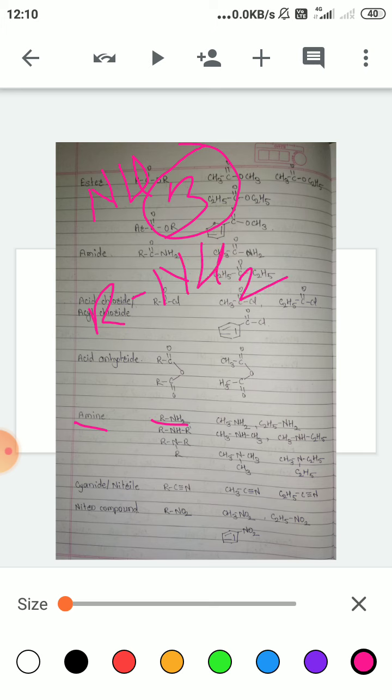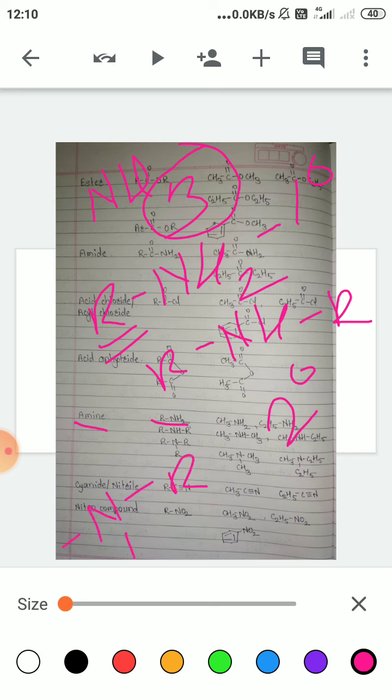If one hydrogen is replaced by one alkyl group, they are called primary amines. If two hydrogens of ammonia are replaced by two alkyl groups, they are called secondary amines. And if all three hydrogens of ammonia are replaced by alkyl groups, they are called tertiary amines.